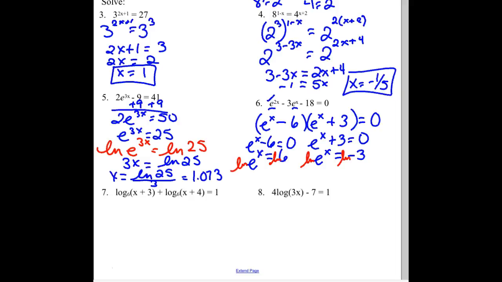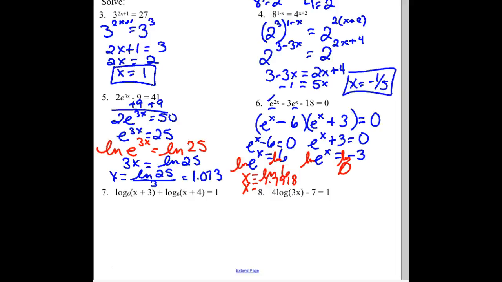On the right-hand side here, we can't simplify that. We can't actually find the natural log of a negative number. We can't find the log of any 0 or negative value. So we're going to get no solution for that part, but we can take the natural log of 6. And again, using our calculators, we would have x being 1.7918.